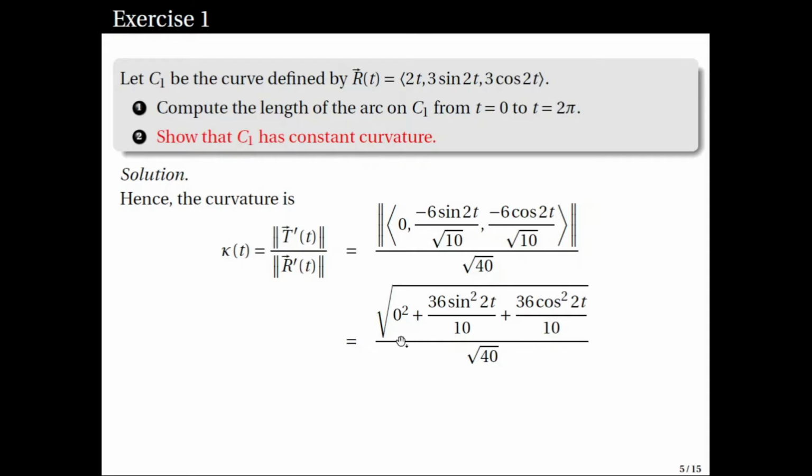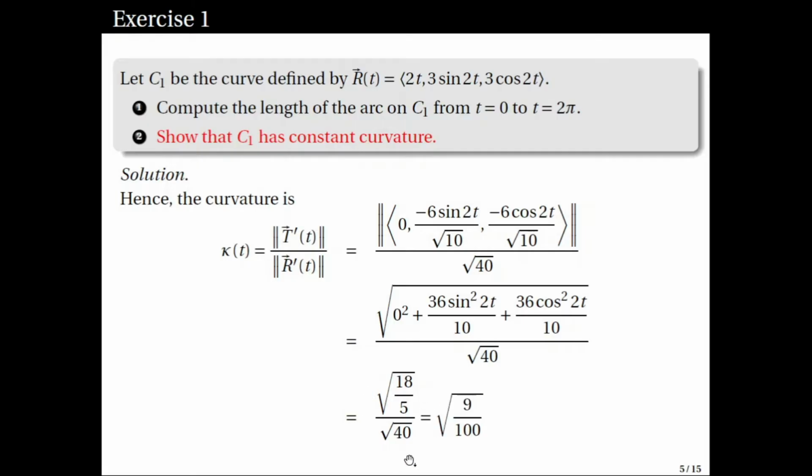So you have this. By the same argument we had on number 1, I can factor out 36 over 10 here, and these two terms should equal 36 over 10. Hence, this is equal to square root of 18 over 5, which is the lowest term of 36 over 10, divided by square root of 40.